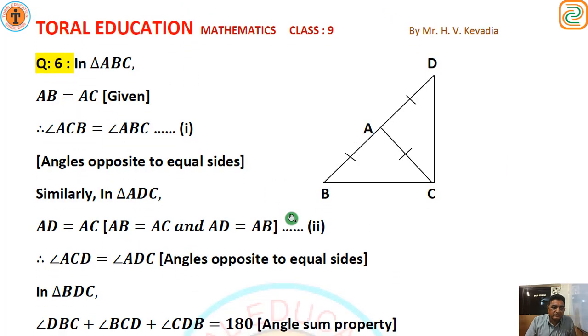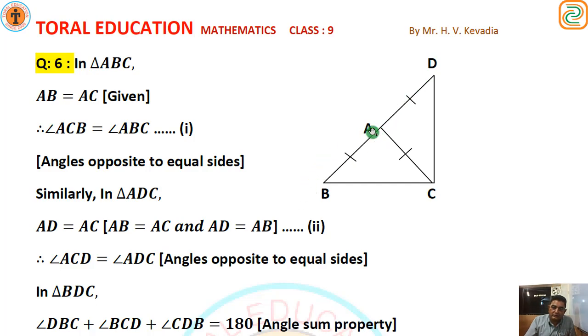Now question number 6. Triangle ABC is an isosceles triangle in which AB equals AC. Triangle ABC, this AB equals AC given. Side BA is produced to D such that AD equals AB.